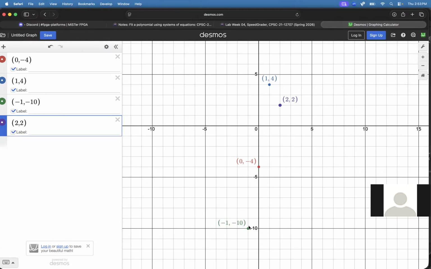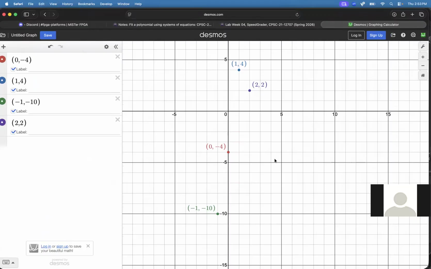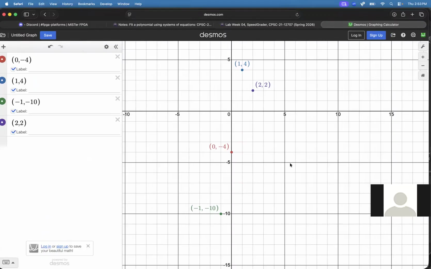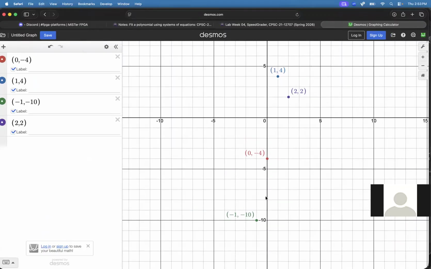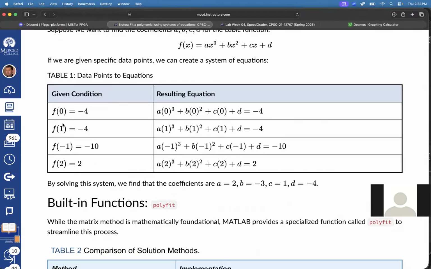So these are just several points on the graph, and they're pretty close together on the x-axis. I was just putting in easy numbers, 0, 1, -1, 2. And so if there are 4 of these points, then you have 4 equations that you could satisfy.